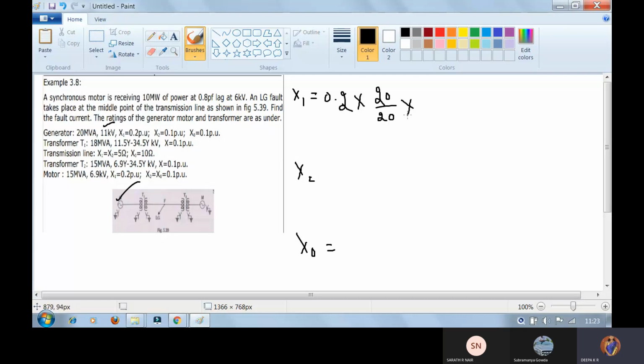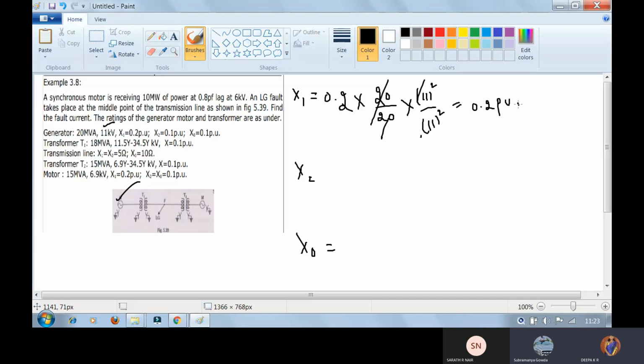So 20 into 20 and kV as you calculated it is 11 square by 11 square. Can you please simplify and give me the answer? Very simple calculation, everything gets cancelled and left with 0.2 per unit. Is it 0.2 per unit?